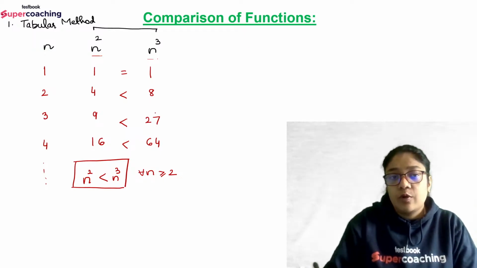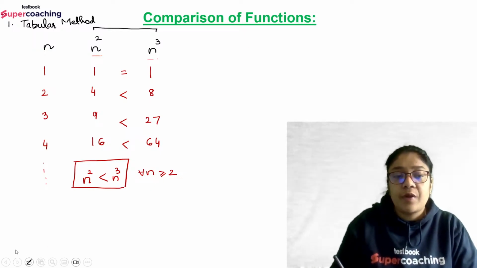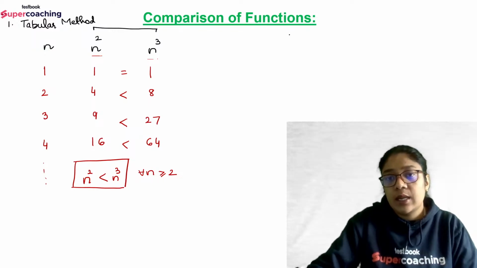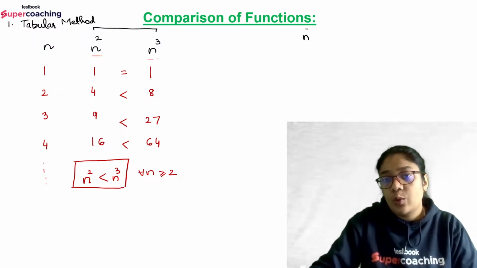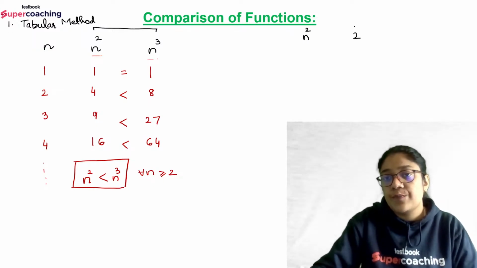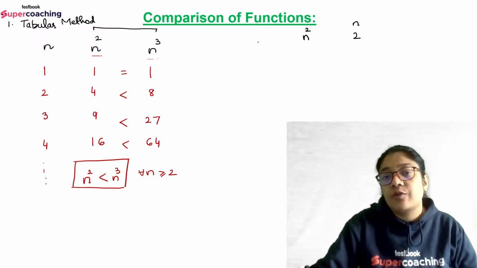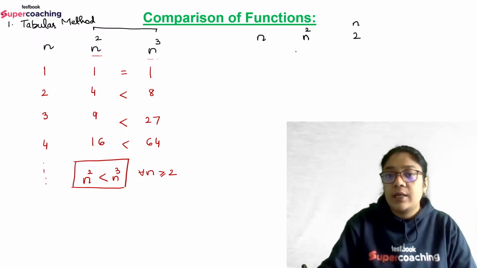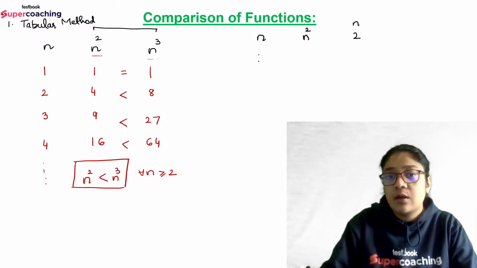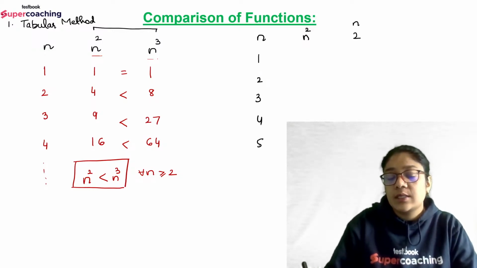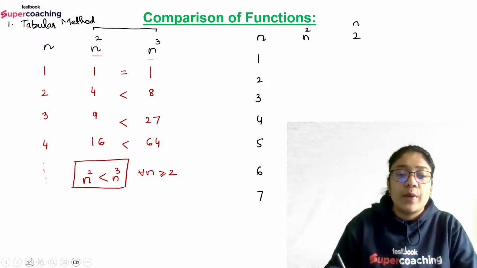Let's consider one more set of functions. I'm taking n square and 2 raised to power n. I want to compare these two functions. So I'll apply the same approach. I'll consider the values of n, substitute the values of n and check which function is greater. 1, 2, 3, 4, 5, 6, 7, something like this, and we'll substitute the values.